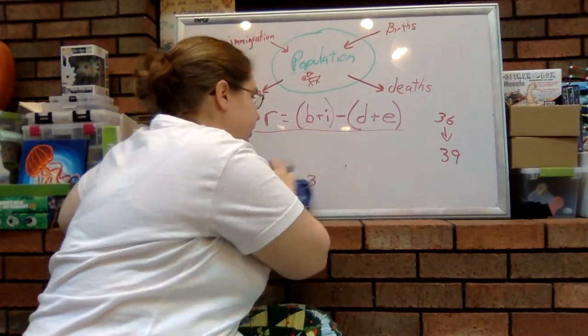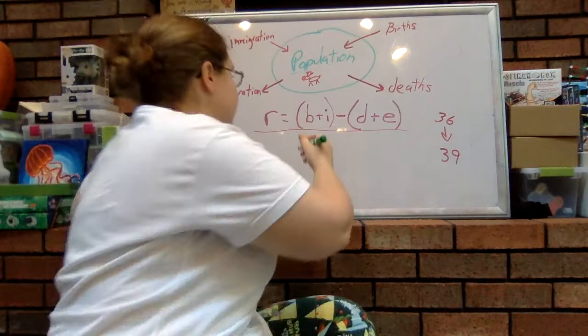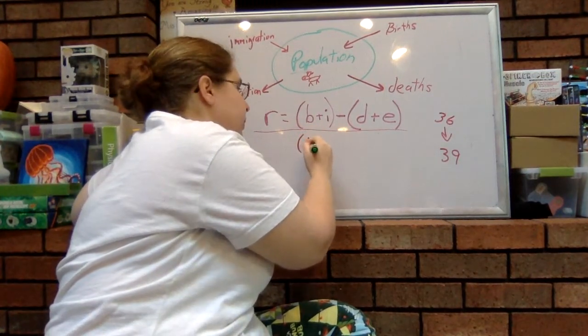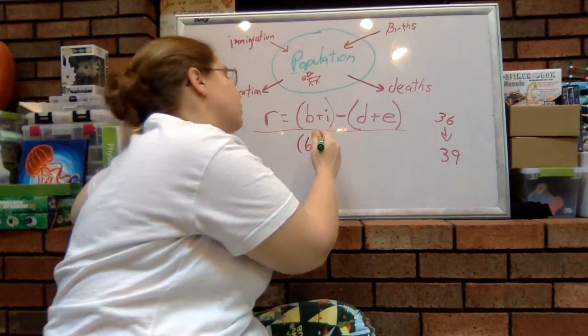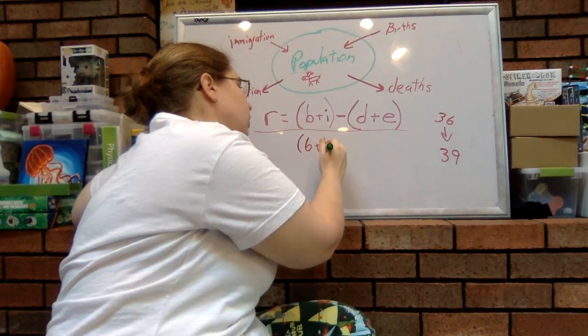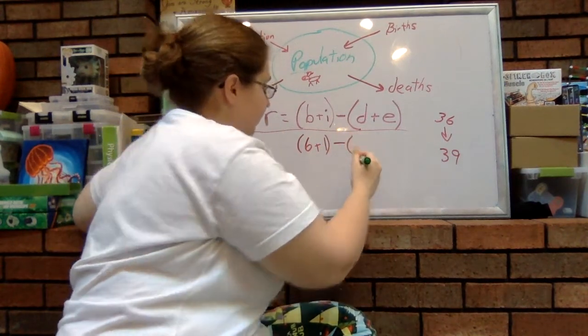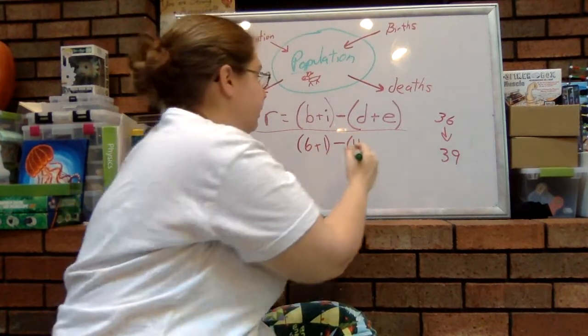Let's say the next year is pretty bad. We have 6 born plus 1 that immigrated in minus 11 that died.